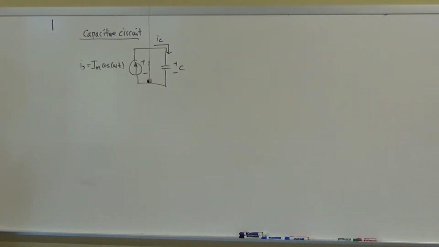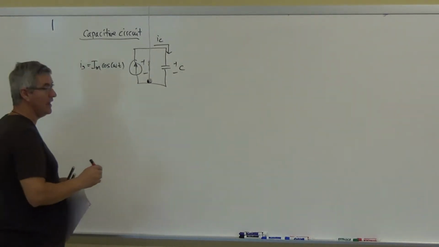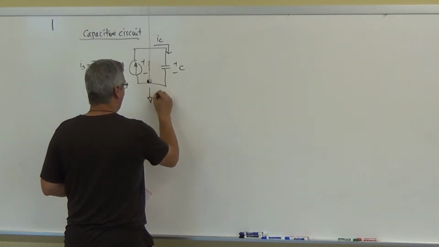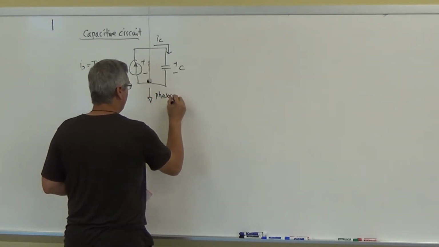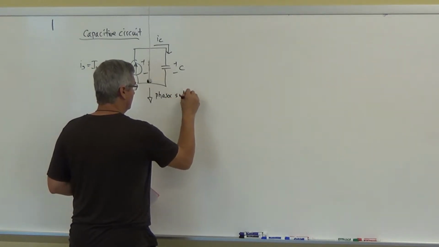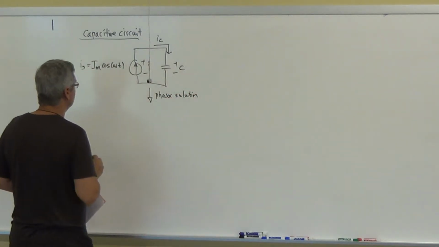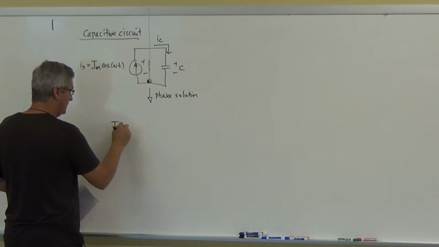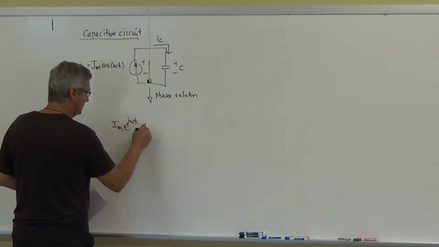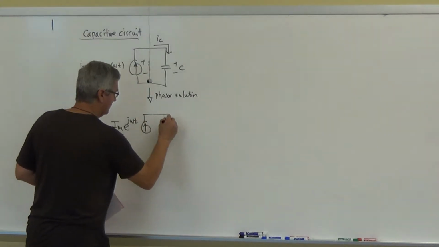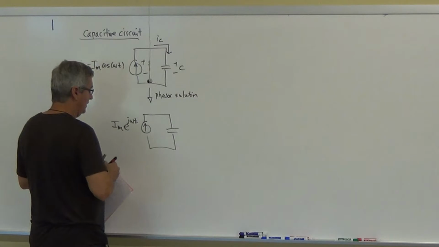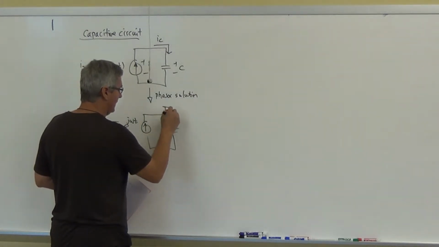So I could play the same game. Now what am I going to do here? I'm going to go downwards this time. So now I'm going to go into my phasor solution. If I look at my phasor solution then, I'm going to replace this with I_m e^(jωt). And then my current here that's going to be flowing is then going to be IC.